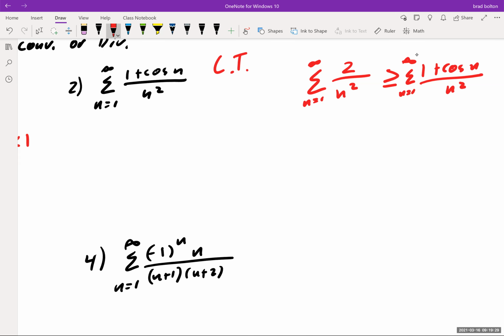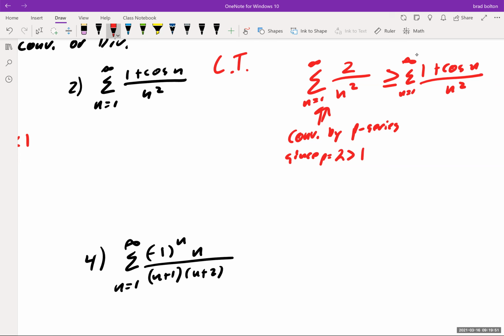But we know that this series right here, 2 over n squared, the series we're comparing to, is a convergent p series. So this is convergent by p series since p equals 2 is greater than 1.